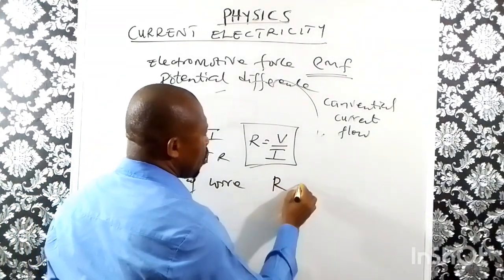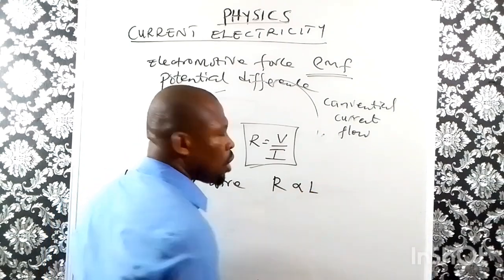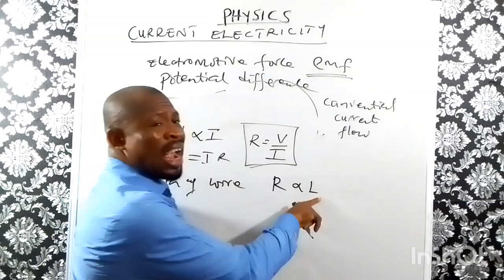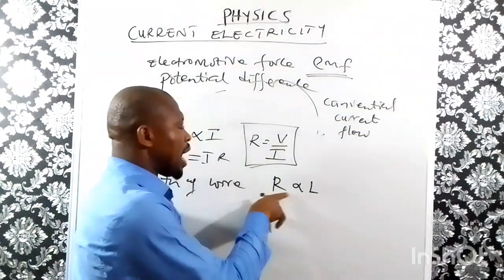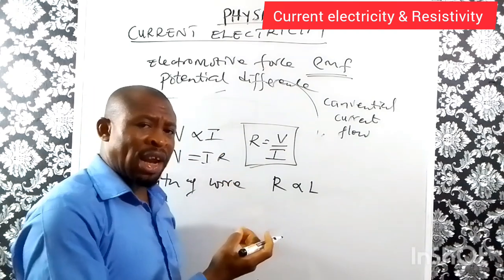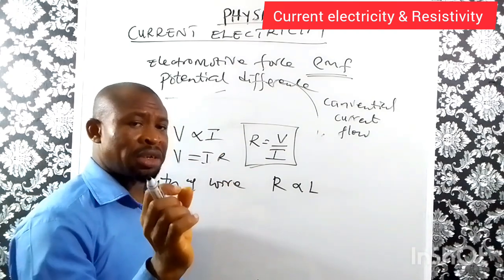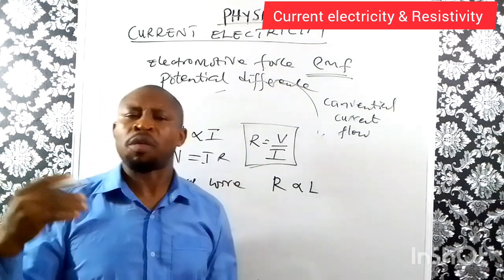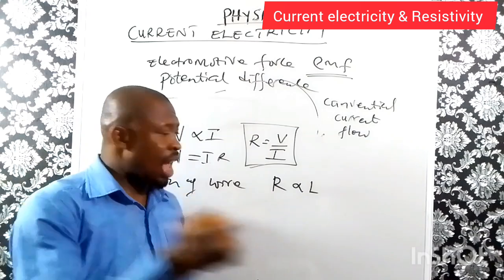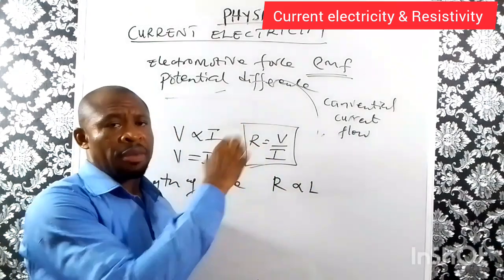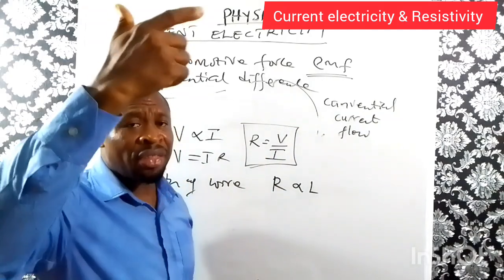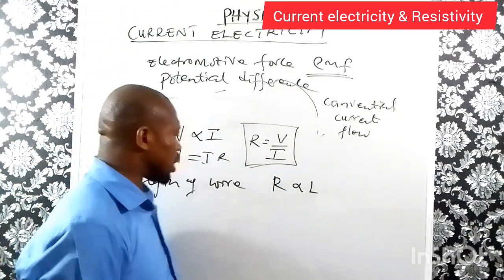R is directly proportional to L. So in other words, the longer the wire, the higher the resistance, or the shorter the wire, the lesser the resistance. Therefore, if you are performing any electrical connection, be mindful of the length of the wire, because the longer the wire, the higher the resistance, and vice versa.